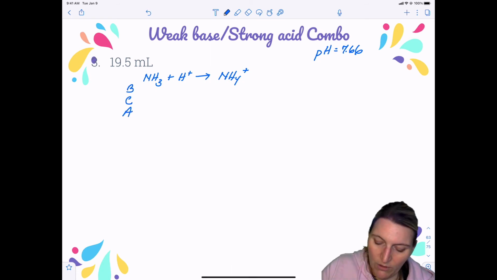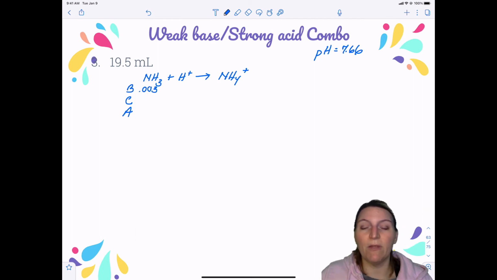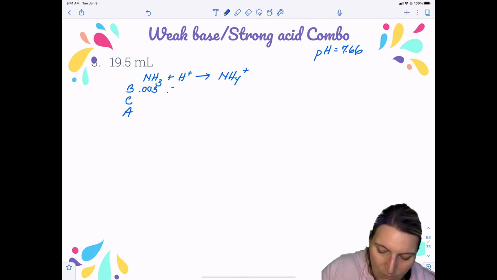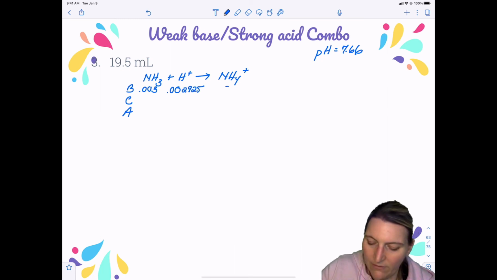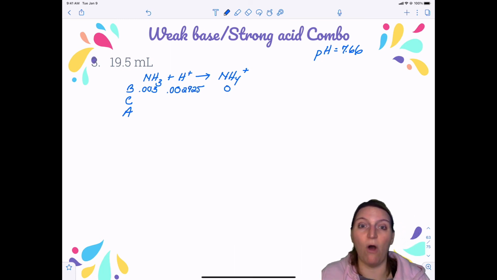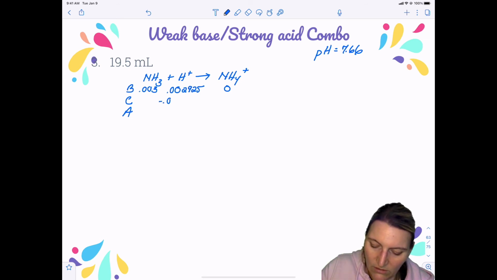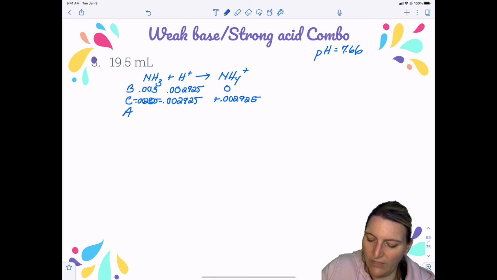So we start with 0.003 moles of ammonia. The 19.5 milliliters, change that over to liters, multiply by 0.150, I get 0.002925 moles of acid. Now all of that acid gets consumed, and as it gets consumed, it gets produced as the conjugate acid.